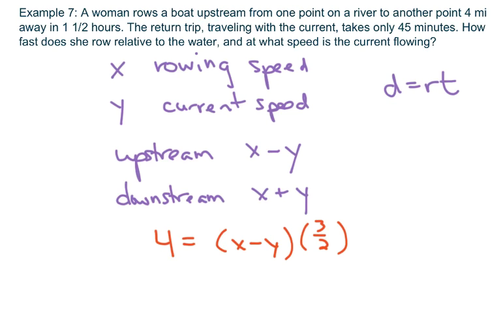We don't normally use mixed numbers in pre-calculus. The second equation, the one for downstream, she's still going 4 miles because she's going to travel back the same amount of miles she traveled up. It's just that downstream we're adding, and it only took her 45 minutes. That's 3/4 of an hour.